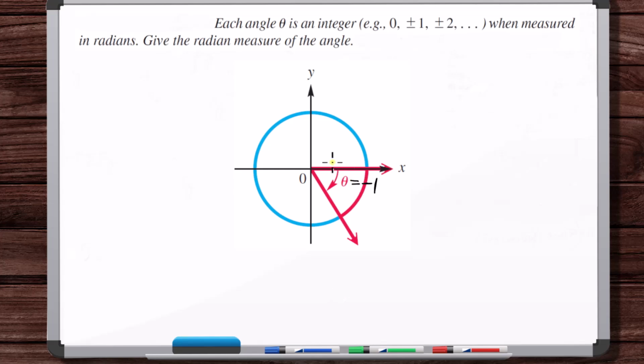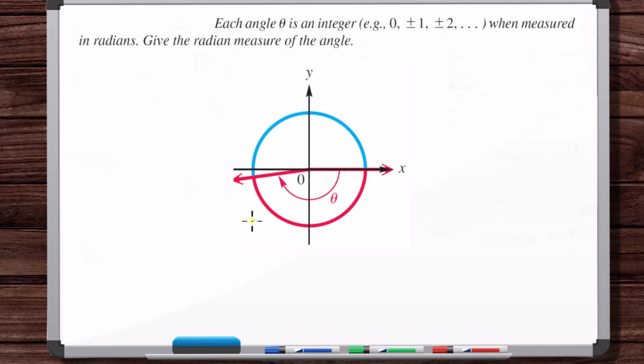Because we saw that you go from here, this was 1 radian, and then you get to 2 radians here. So this has to be either 1 or 2. It can't be more than that, for sure, right? Well, we know this is going to be negative 1 or maybe negative 2, but negative 2 is going to be over here. So that's negative 1. Now this is going to be negative 2, or no, negative 3, because this was 3, right?